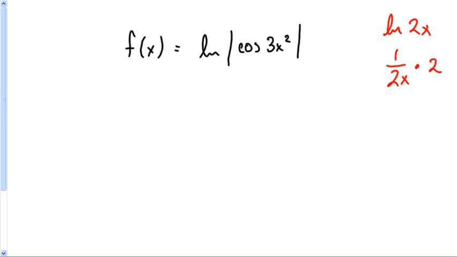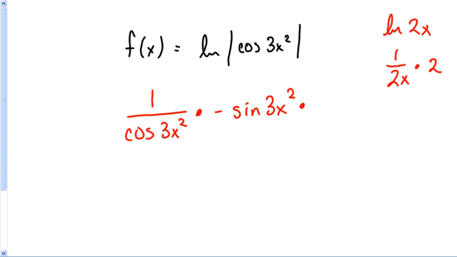When I get ready to do it, it's just 1 over cosine 3x squared times the derivative of cosine 3x squared, which would be negative sine 3x squared, times the derivative of 3x squared, which would be 6x. So here is my answer on this one.